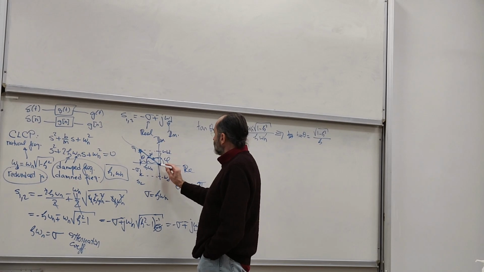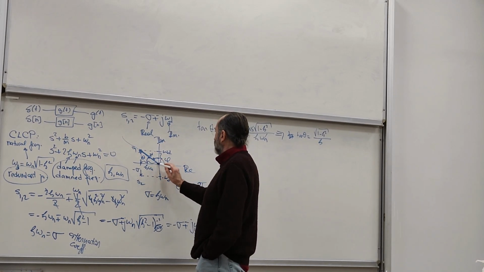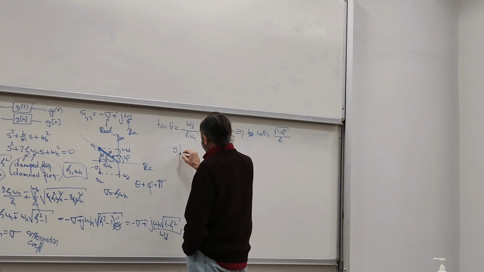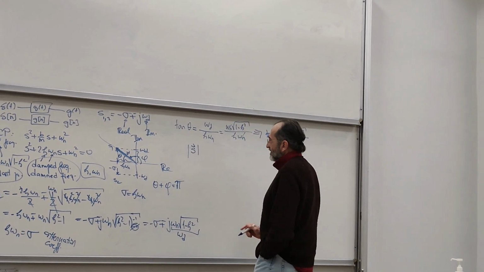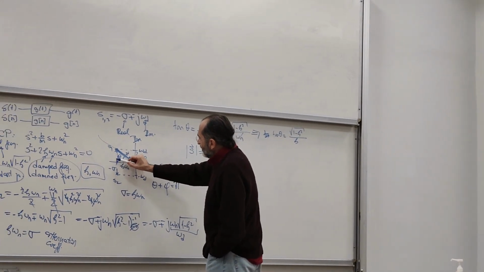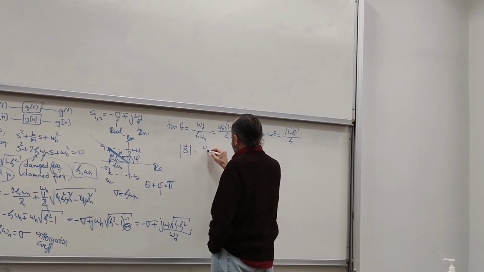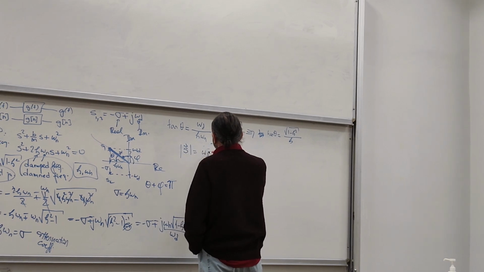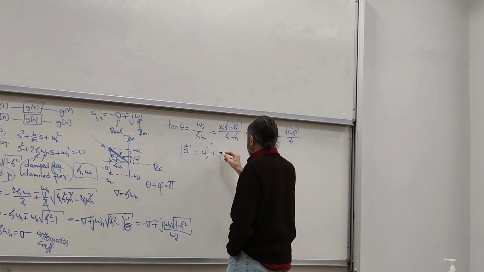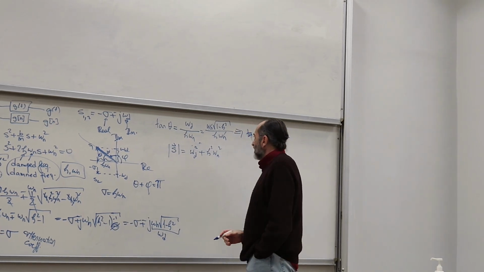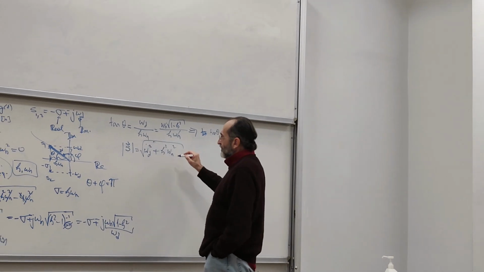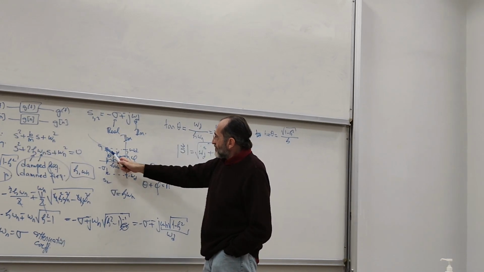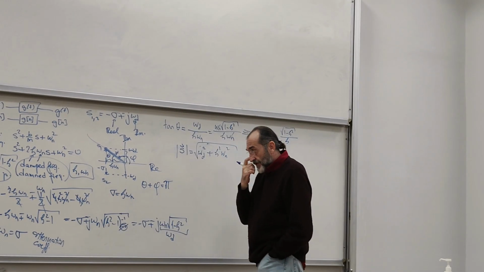And then, if you see that the length of this, S mag, is equal to the square root of this side omega d squared plus this side zeta squared omega n squared, by the Pythagorean theorem. This is the square root of the sum of squares.